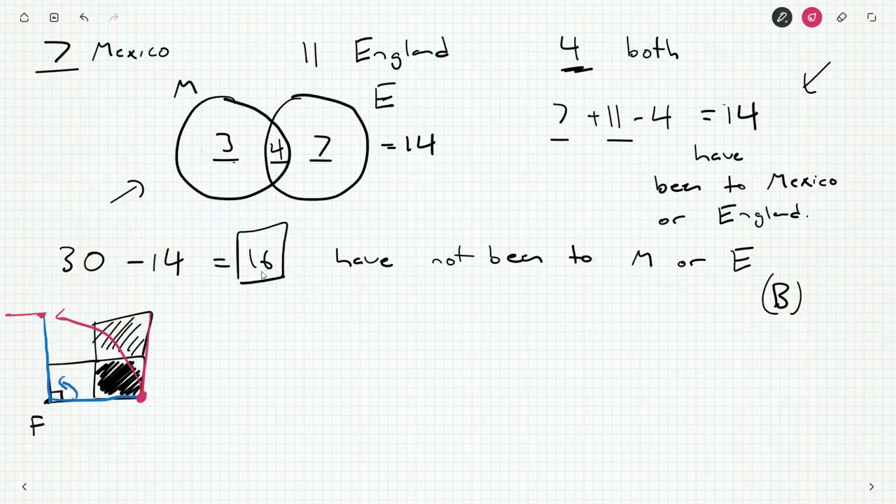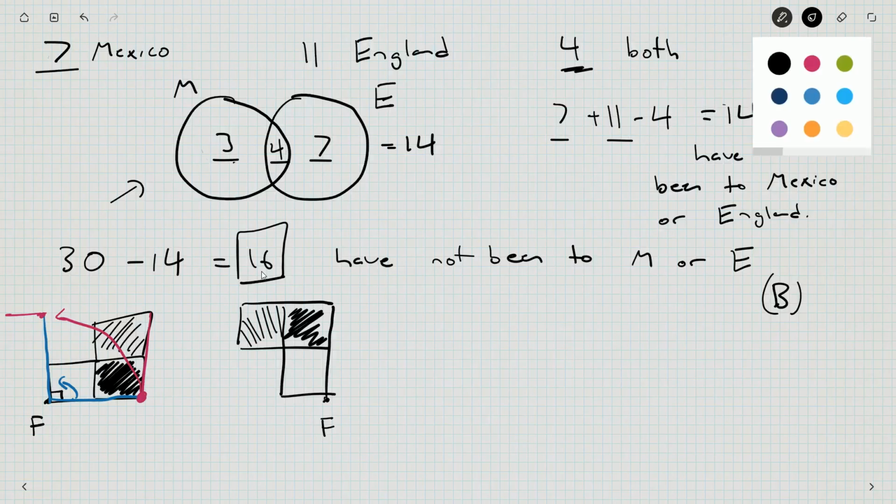Well, the rest of this red line moves as well, and I can draw myself what I think is the new picture. So here's your blue line, the big red line, and this sort of helps me fill in the rest of my picture. And I just take a look at the squares. The filled in one will always be the corner one, and the one that's attached to F will always be the blank one. So that was one rotation.